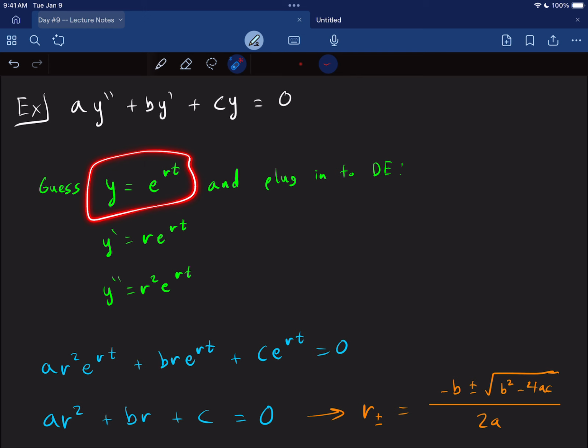We guessed y equals e to the rt. We guessed this as an answer. And through plugging this into the differential equation, I got values for r. Certainly, if you had actual numbers for a, b, and c, you plug those in, and I get two different values for r. Since I have values for r, those are my answers. Done.